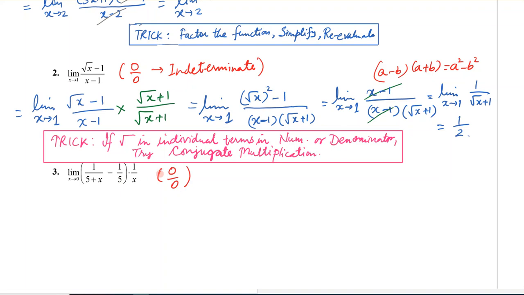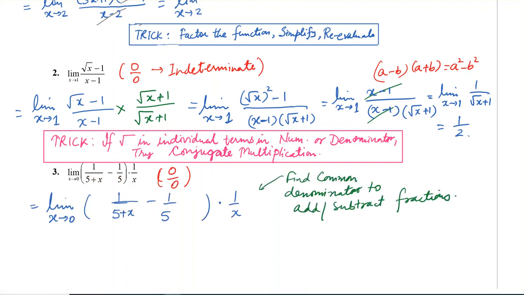And now we're going to try to do some algebraic manipulation. So what we're going to do is subtract the fractions and try to combine them. In order to combine the fractions, we need to use the common denominator. So the first step is to find the common denominator to add or subtract the fractions. In this case, the common denominator will be 5 times 5 plus x.